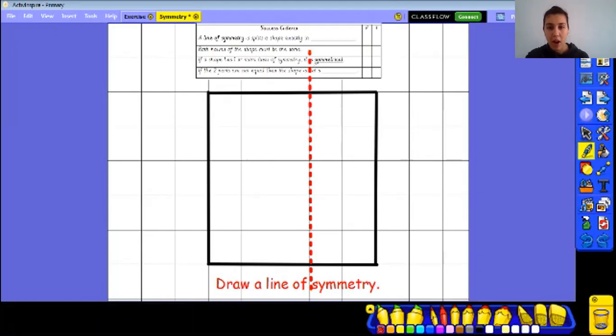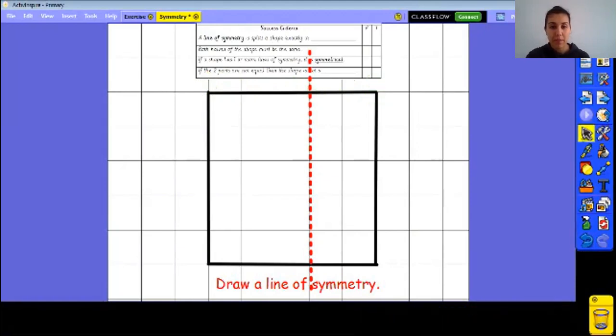I've drawn it on the lines of the squared paper. Is that the middle of my shape? No, that's not the middle, and I can tell that because if I choose a vertex, then I will go 1, 2 to the middle, 1, 2. Oh, well, this one has an extra one, that one's 3, so that is not the middle of my shape.